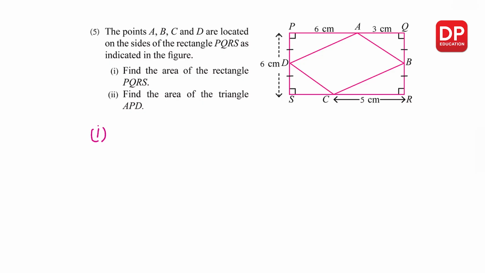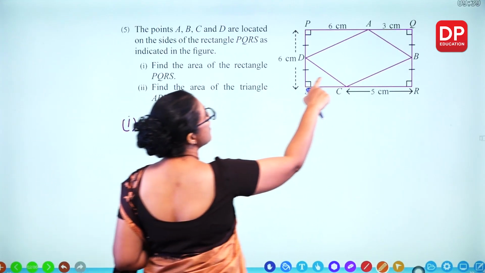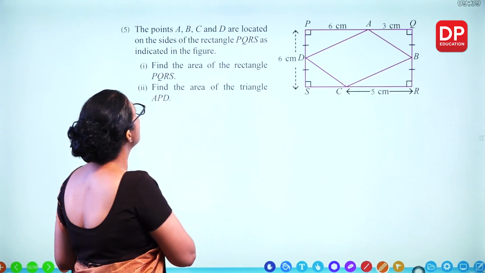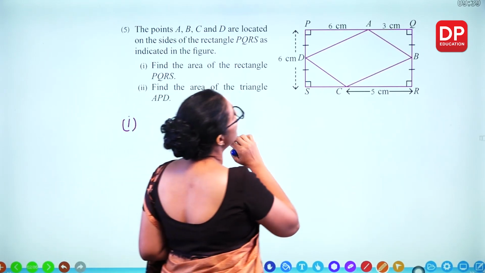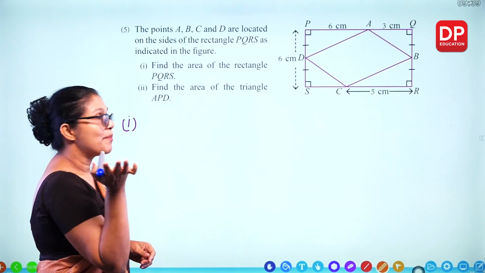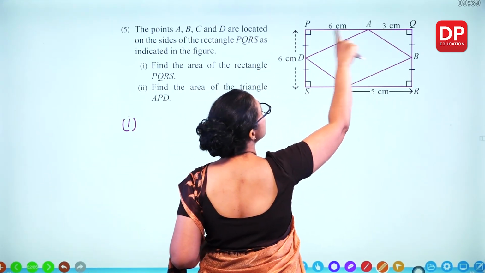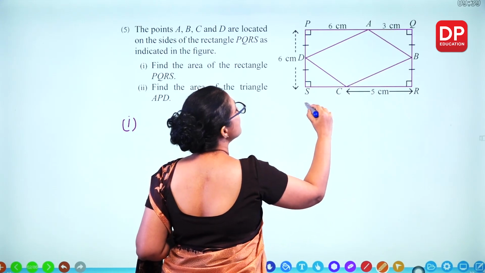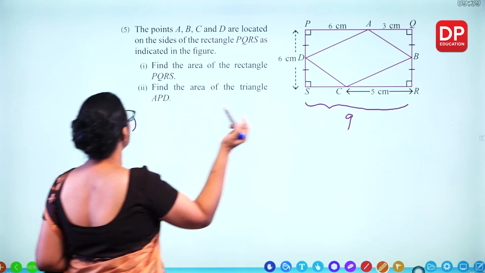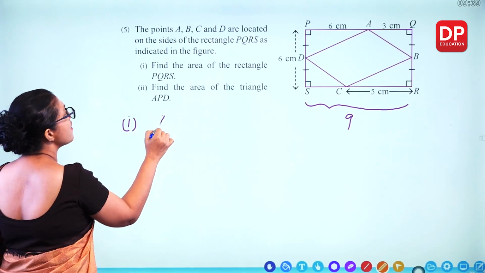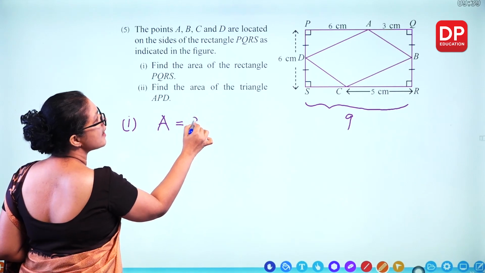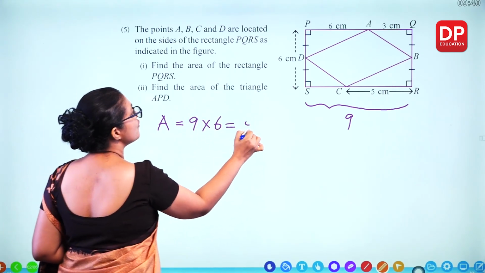You can find out separate areas and add. But without finding separate areas, we know the total length is 9. This whole length is 9, 6 plus 3. This is 6. So what's the area of PQRS? Length into breadth. 9 into 6. 54.